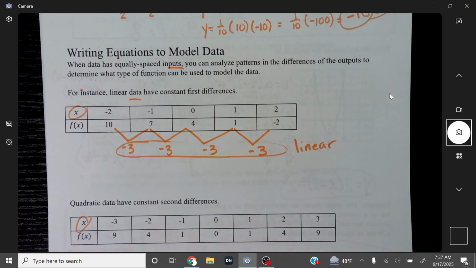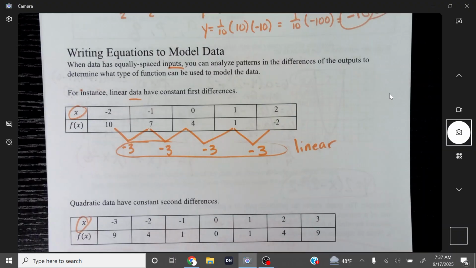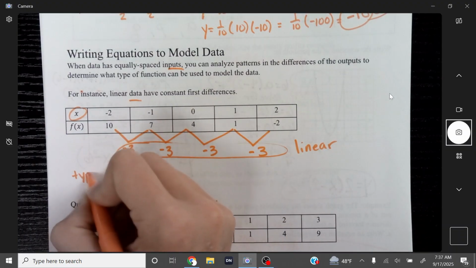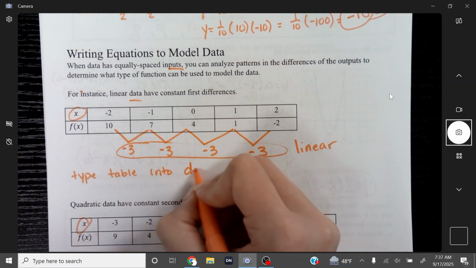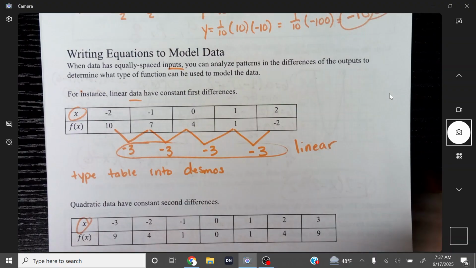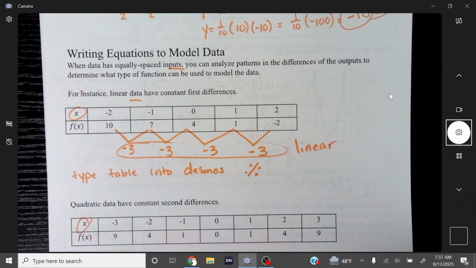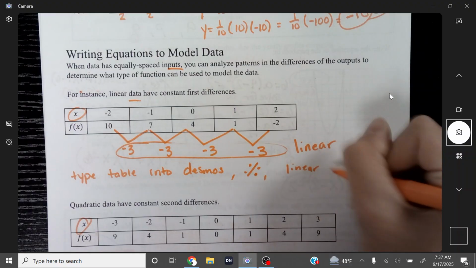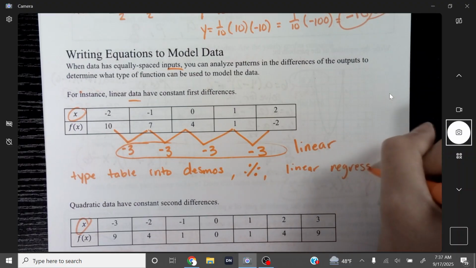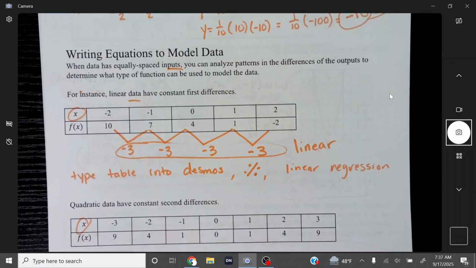And so if you are asked to write an equation for this, you would type the table into Desmos, and then you would hit that regression symbol, and then make sure it says linear regression, which is what we did last chapter.